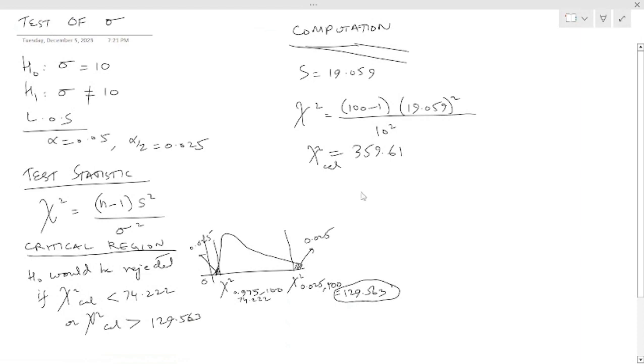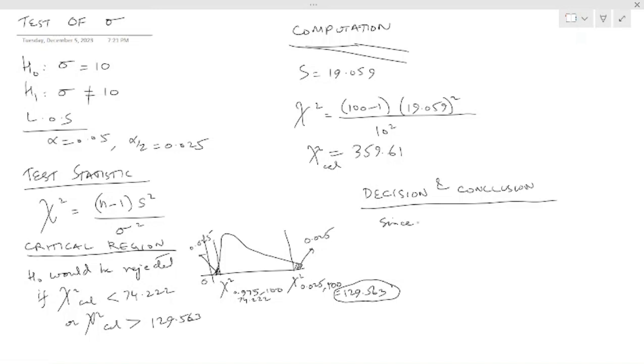So over here we write down our decision and conclusion as: since chi-square calculated falls in the rejection region, or more specifically you can directly say it is the case of rejection in the right tail.